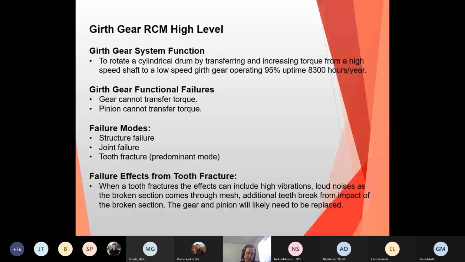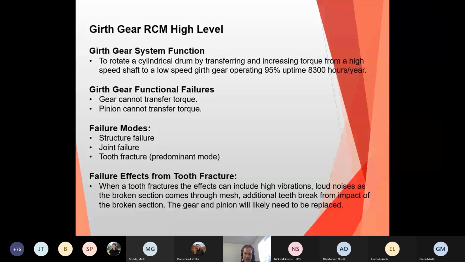And if we start to look at the tooth fracture as a specific mode, then we get into the failure effects from that tooth fracture. A fracture can include high vibrations and loud noises as the broken section comes through mesh. Additional teeth can also break from impact to the broken section. The gear and pinion at that point really need to be replaced.